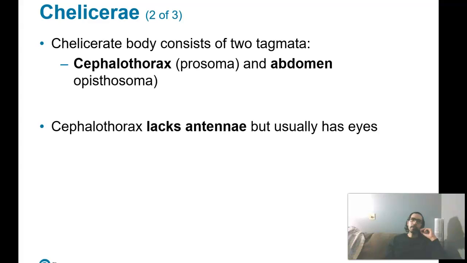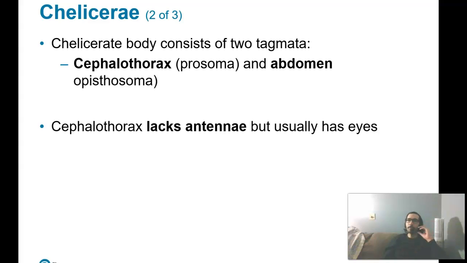For the chelicerates, these animals have two tagmata as well. They have the cephalothorax, which is also known as the prosoma, and the abdomen, which is also known as the opisthosoma. The reason they have different names here is that even though they're called the same thing, the cephalothorax of a chelicerate and the cephalothorax of a crustacean are not homologous.